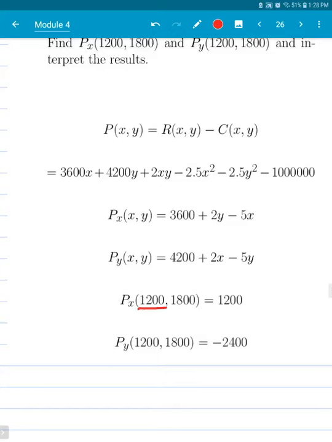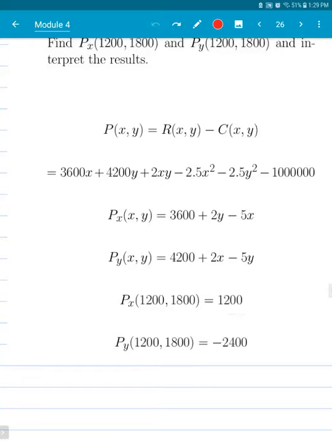The result there tells you that the overall productivity, or the profit function here, will increase by about 1,200 pesos. Kada calculator na idadagdag mo sa production mo, i-expect mo meron kang dagdag kita na 1,200 per unit increase in X.